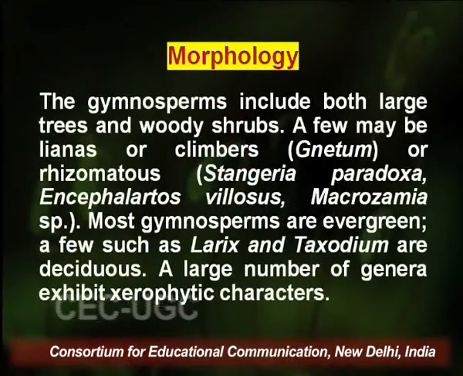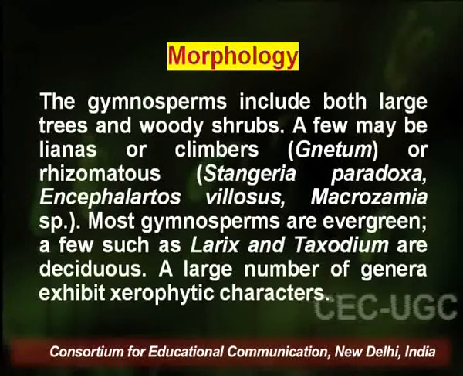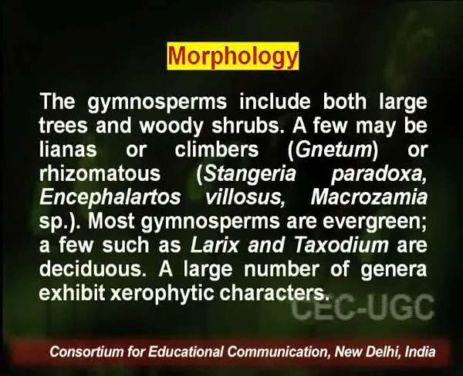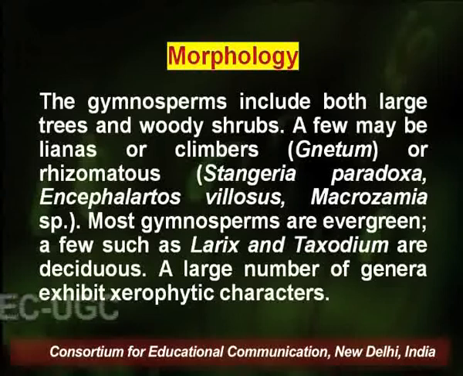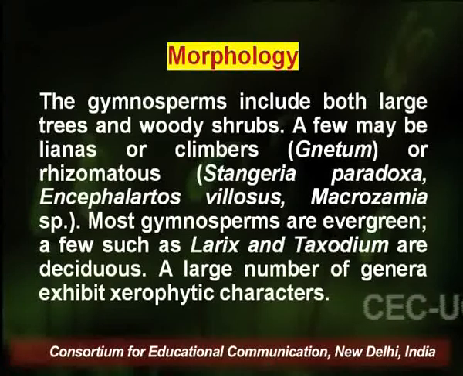The gymnosperms include both large trees and woody shrubs also. So when we talk about the morphology, we will see a range of morphological features, a range of habit amongst gymnosperms. There are certain species of gymnosperms such as Gnetum, which is a woody climber in nature.